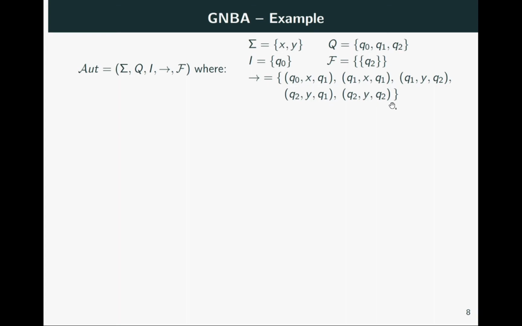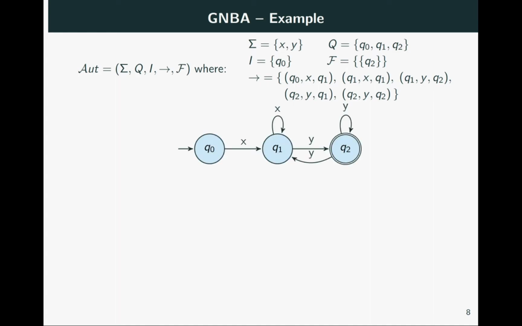We can depict most of this GNBA pictorially, as shown here. The 5 transitions are drawn as usual, as arrows between states labeled with letters. Initial states, here only q0, can be marked with a short arrow coming into the state from nowhere. So this marks an initial state graphically. I said that we can depict most, though not all, of this structure because the figure does not exactly show the calligraphic F component.